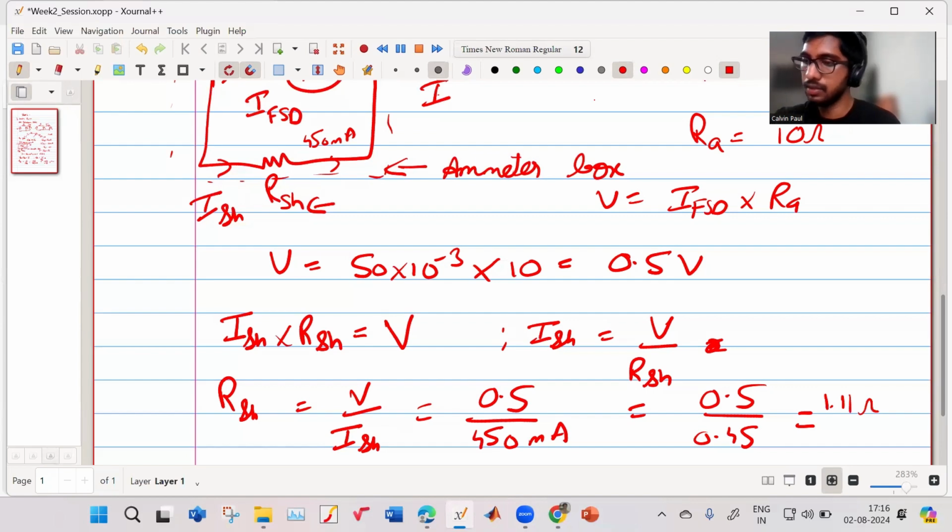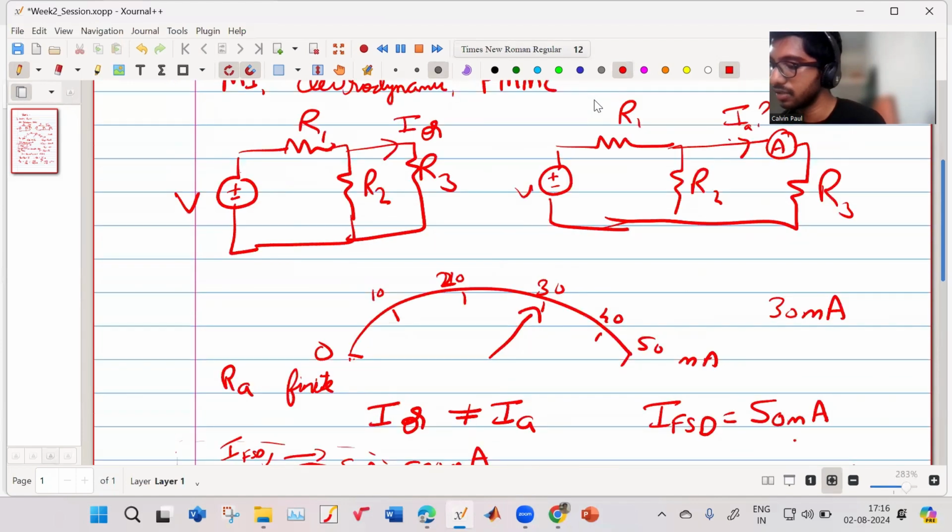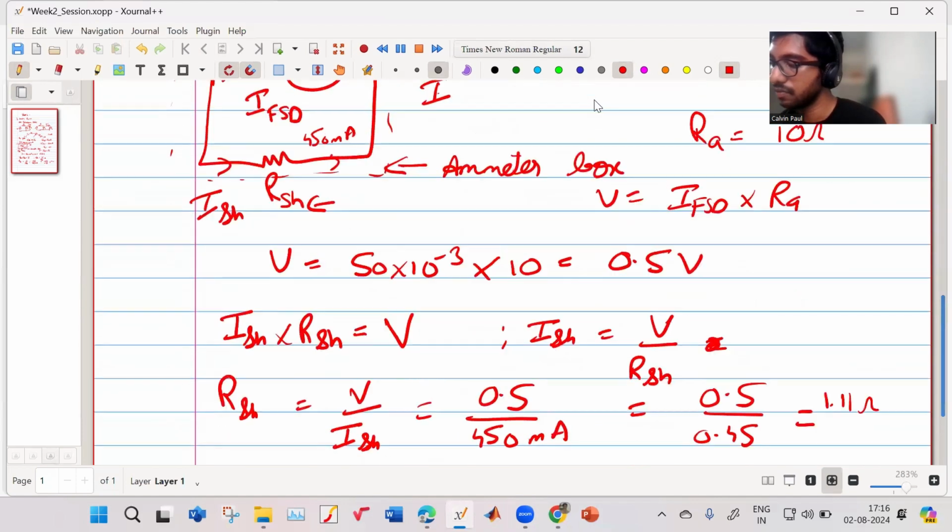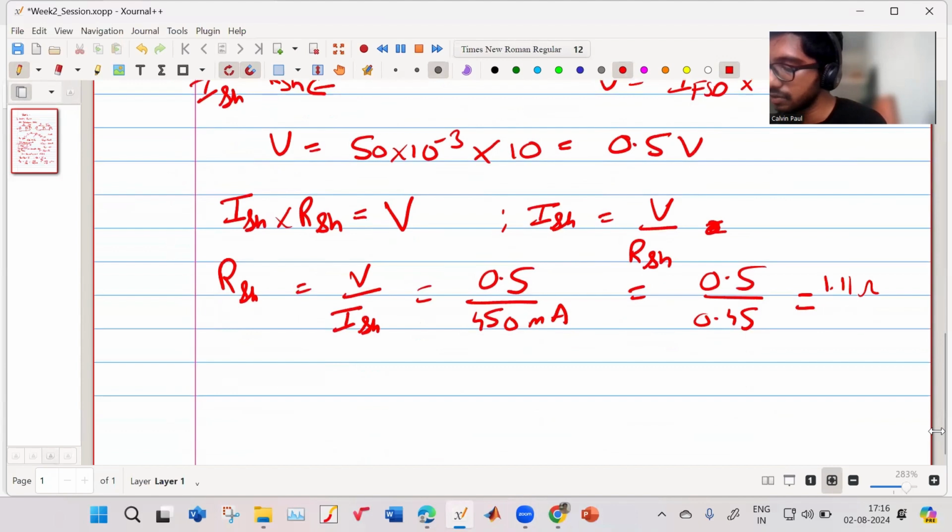So in this manner, we can change the range of the ammeter. What we have effectively done is modified it and increased the range of the ammeter.